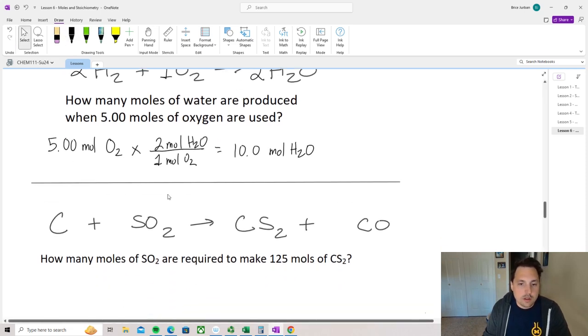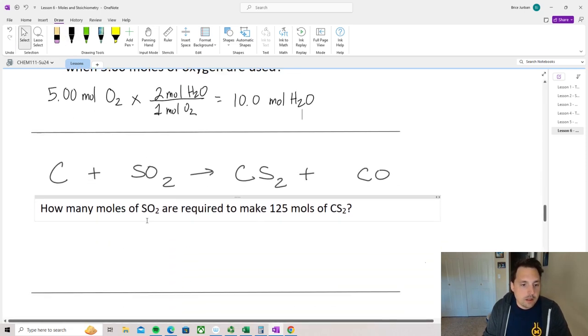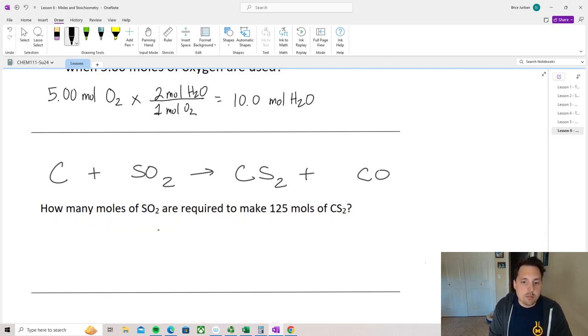Wonderful. Next problem. How many moles of SO2 are required to make 125 moles of CS2? All right, so this is, again, not balanced. So let's start by doing that. We have free carbon on the left side, so let's leave that one to the end.